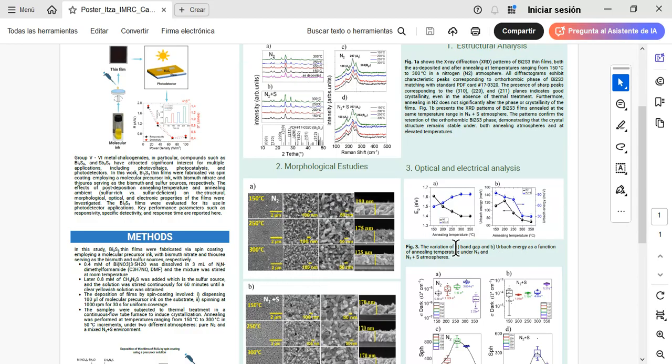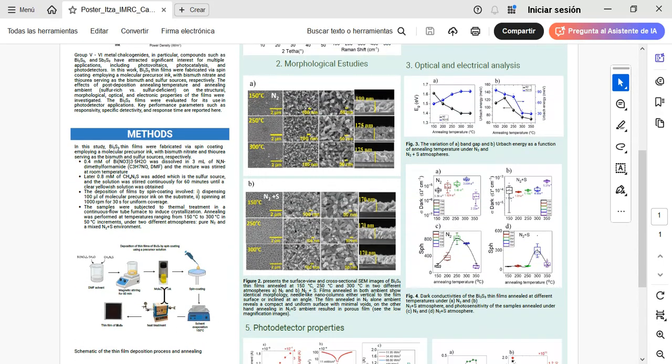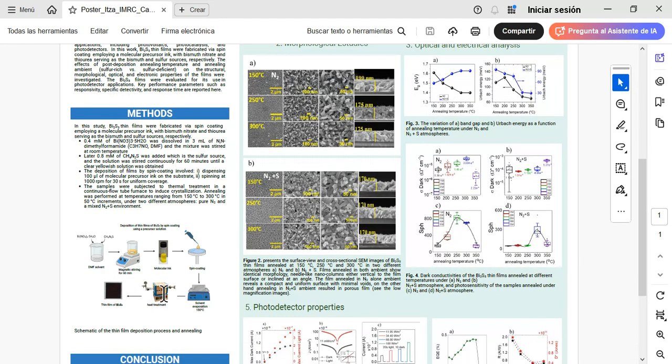Later, urea was added, which is the sulfur source, and the solution was stirred for 60 minutes until a clear yellowish solution was obtained.